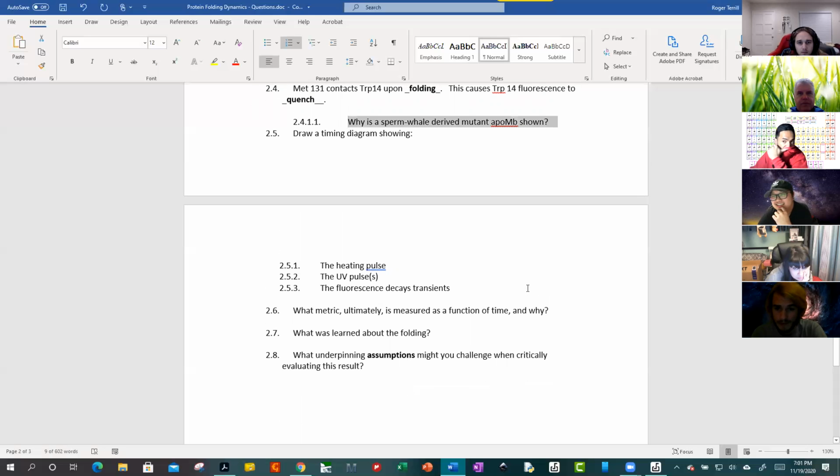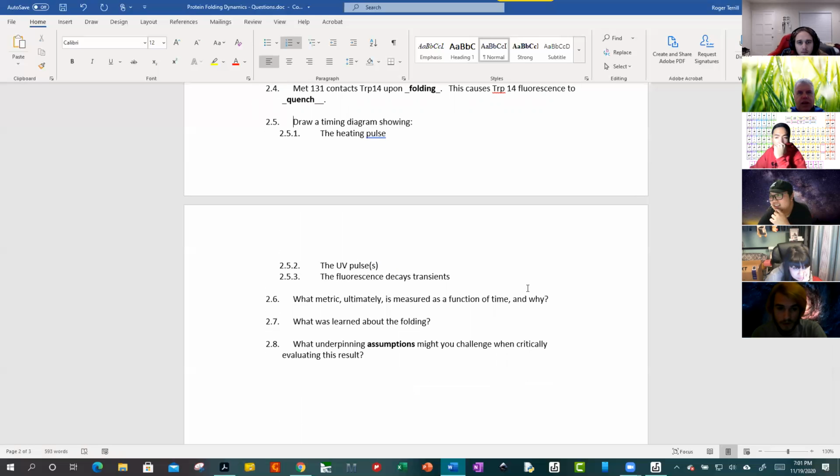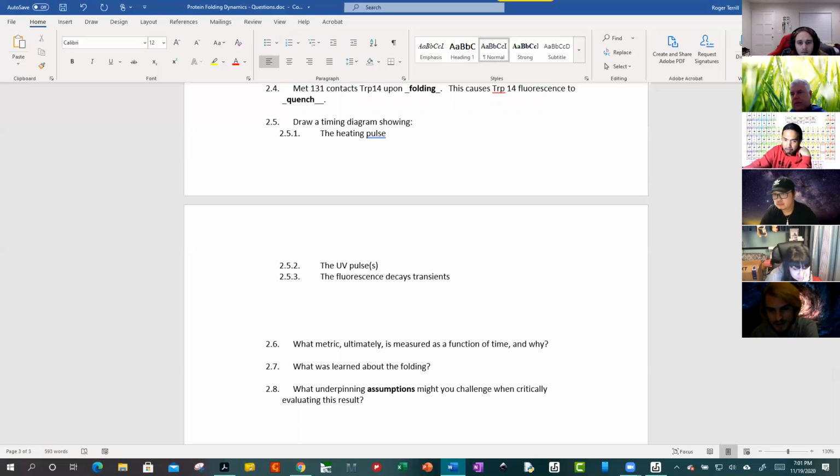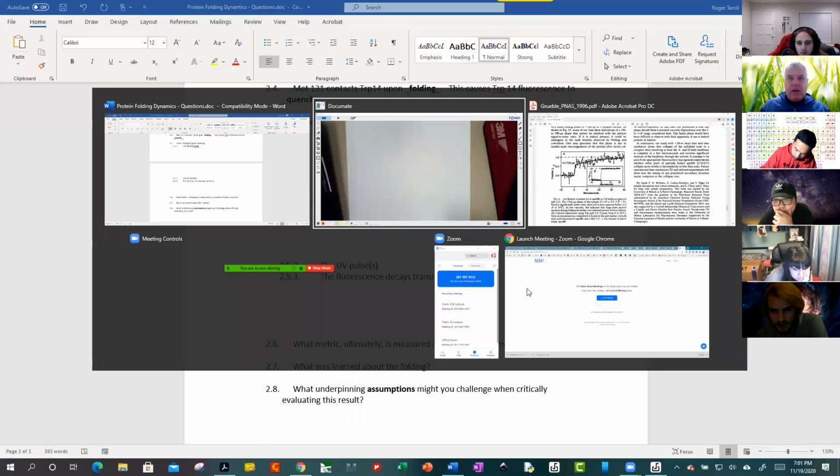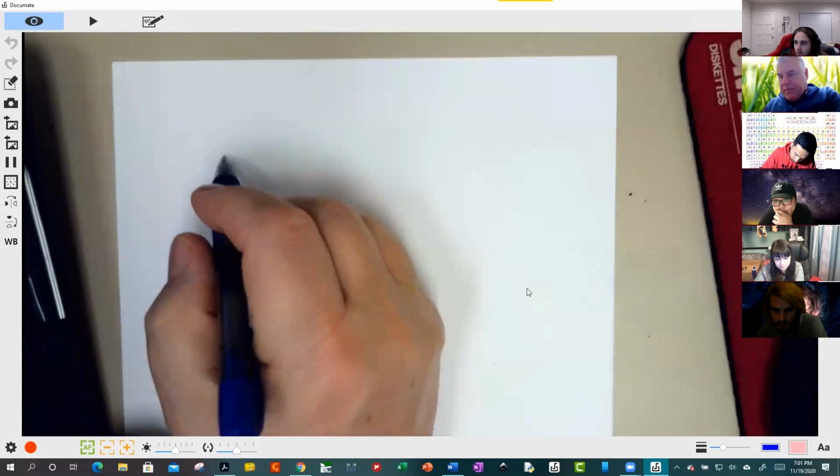Let's draw a timing diagram. Timing diagram is easy, and it's important. I think we already did it, right?